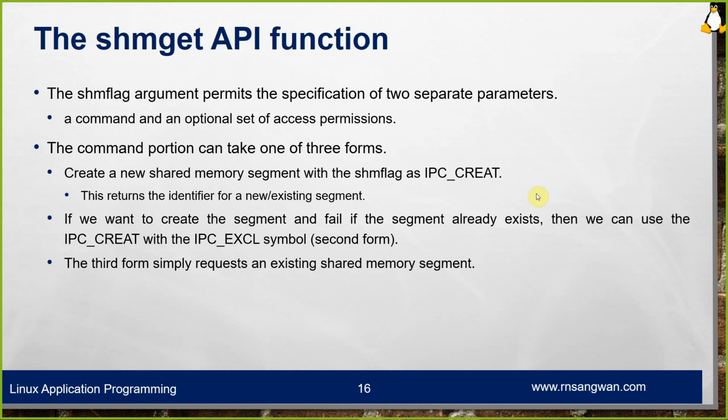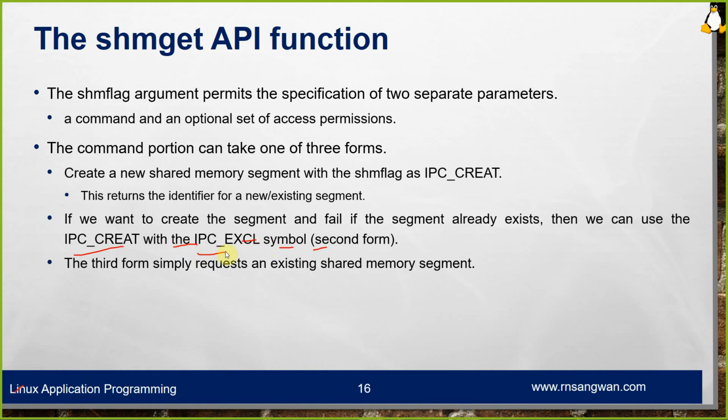Create a new shared memory segment with the flag as IPC_CREAT. Remember these commands now. IPC_CREAT will create it. This returns the identifier for the new or existing segment. If we want to create a segment and fail if the segment already exists, then we can use IPC_CREAT with the IPC_EXCL symbol.